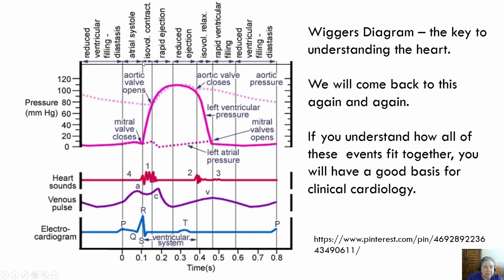So ventricular systole goes from here, this line, to this line. The ventricle is contracting. Blood begins to flow into the aorta when the aortic valve opens, and you can see there's this little period of time where we hear the mitral valve close, so there's a vibration, S1, and the ventricle is contracting, but the volume isn't changing.